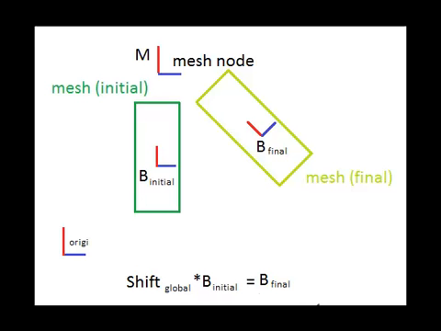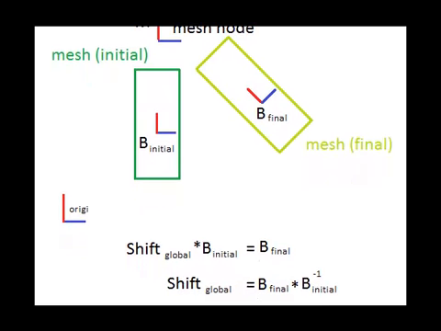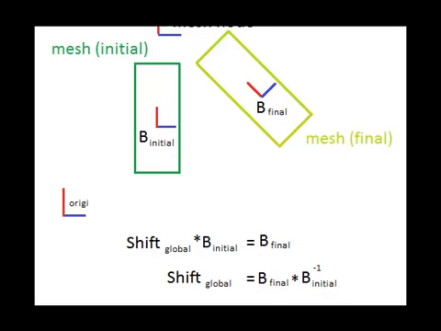This is the matrix shift global that moves from initial to final in global space, and so satisfies this equation, which can easily be solved. So the mesh needs to be shifted by B final times B initial inverse.